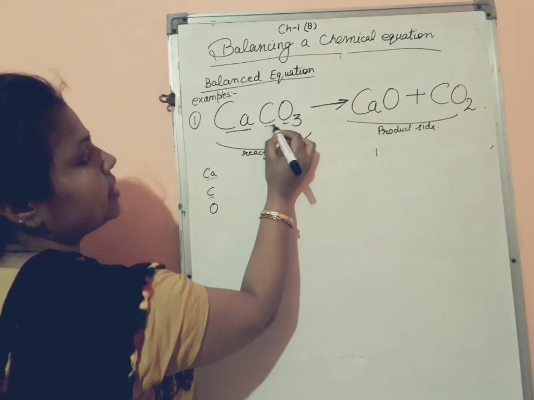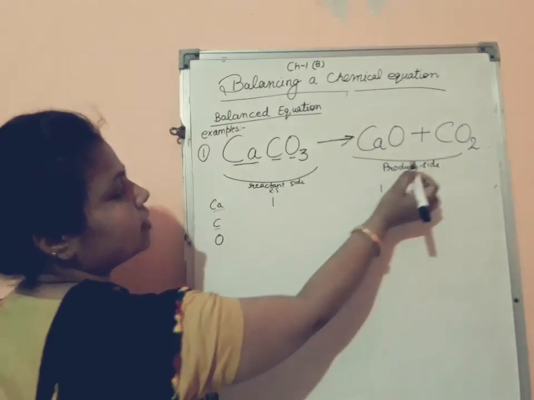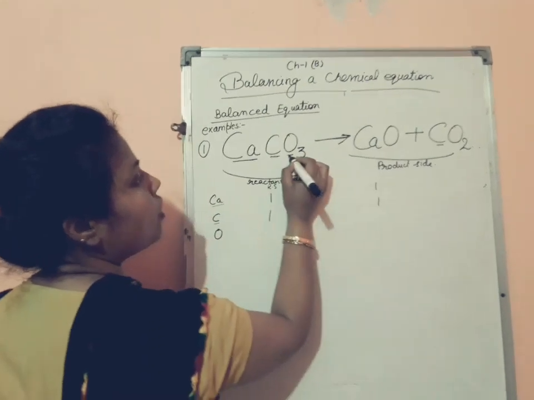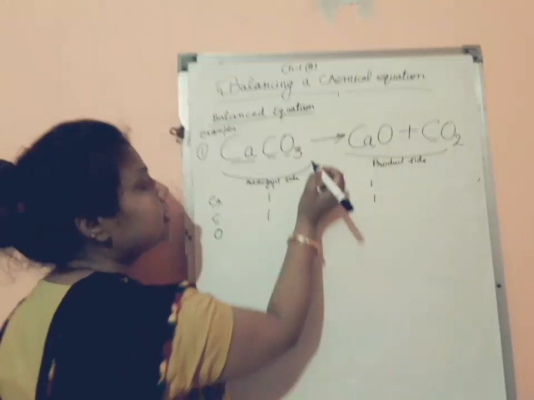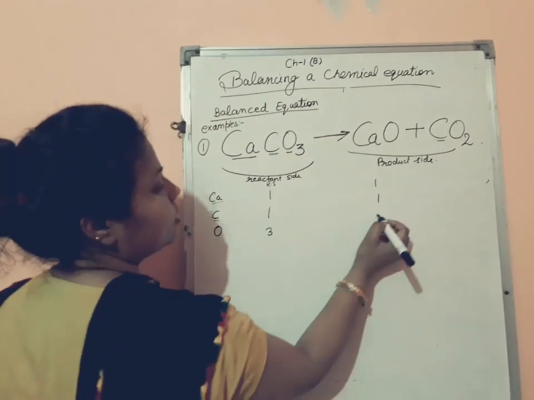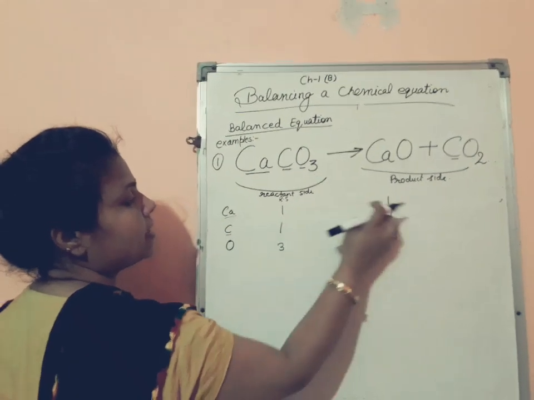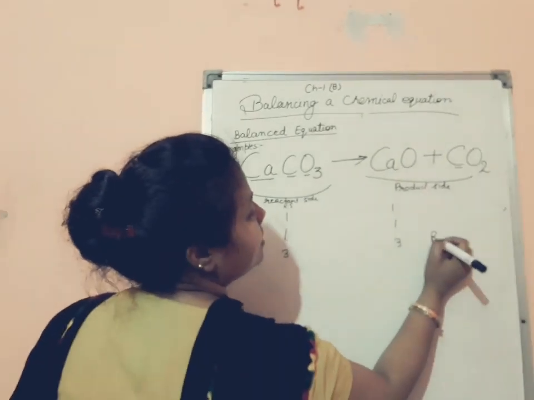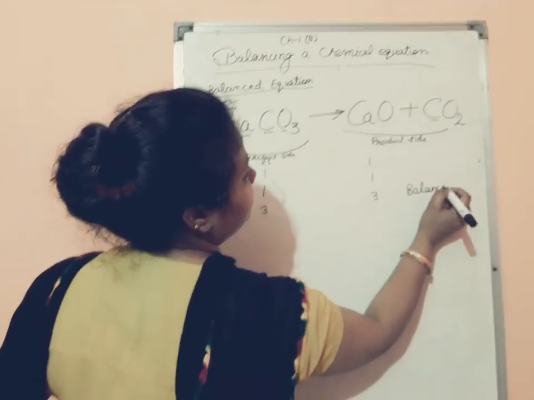Next element is carbon. Carbon is 1 here, and carbon is 1 on the product side. Now oxygen. How many oxygen are there? 3 oxygen, and on the product side it is 3. So on the reactant side and product side all the atoms are the same. So it is a balanced chemical equation.